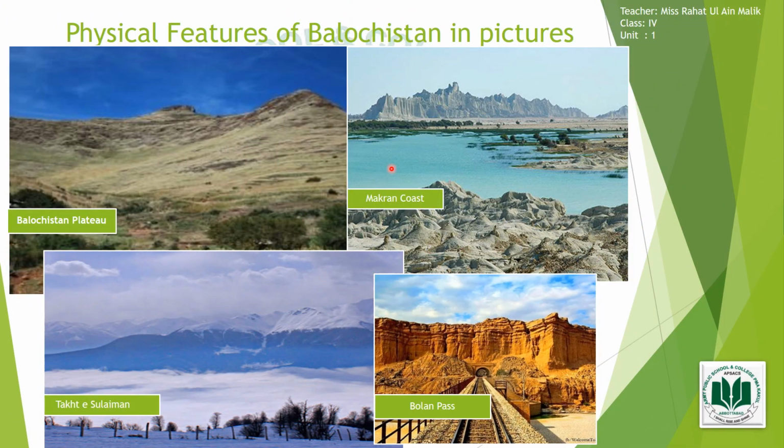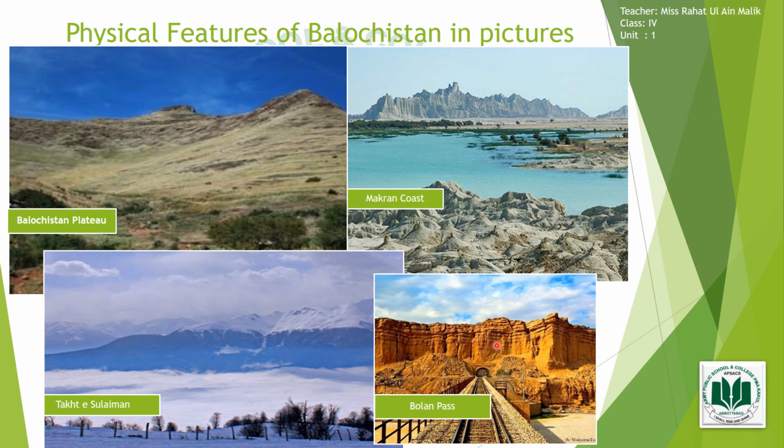Now, Balochistan in pictures, right? We had talked about the plateau found in Balochistan, and we read that it is the largest plateau. So this plateau is called Balochistan Plateau, and you can see how beautiful it is. Then, Makran Coast, 500 kilometers long, the longest one, is this.